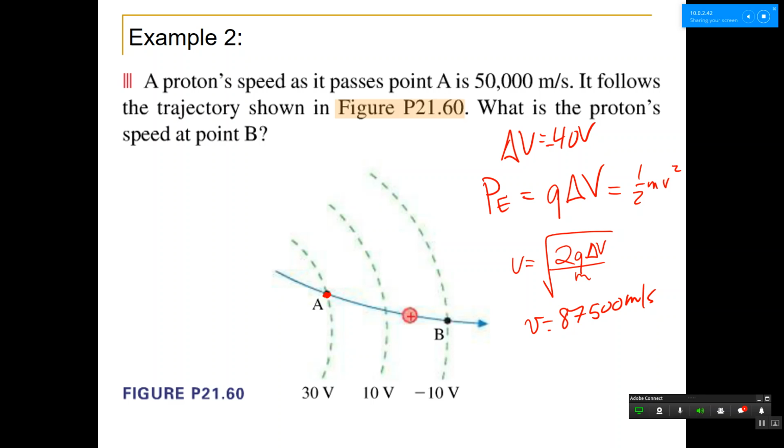And if I want to find my final velocity, well, just add 50,000 to that. So it gives you 137,000 some change meters per second final velocity at point B.